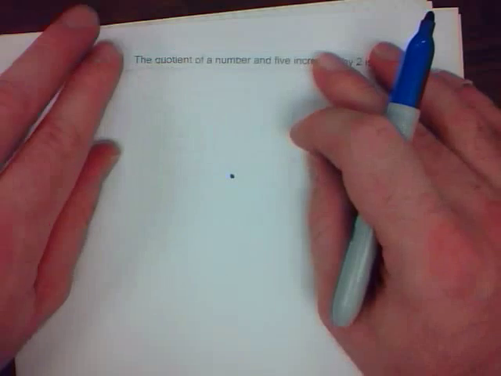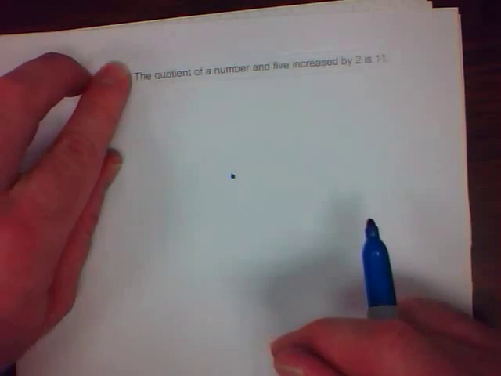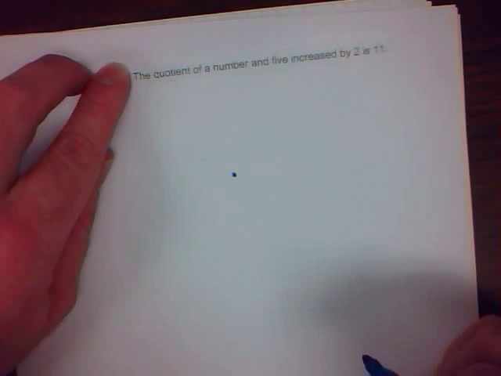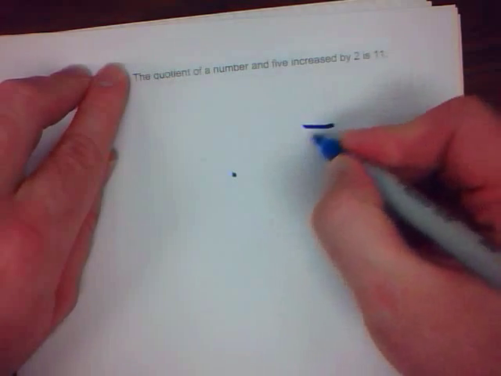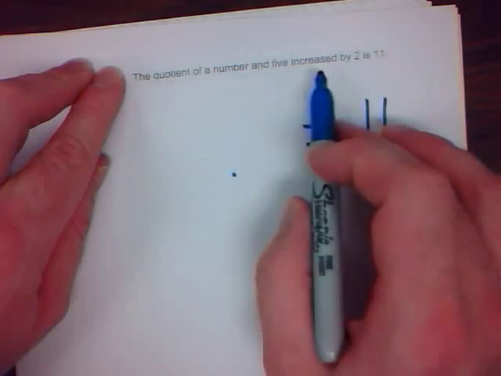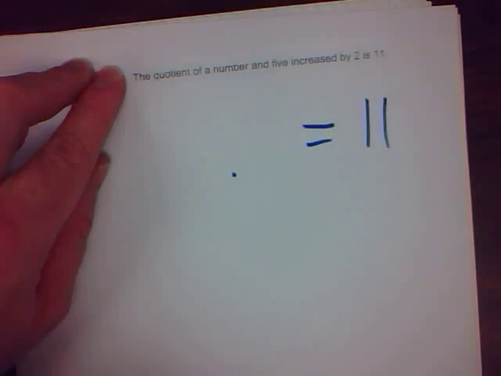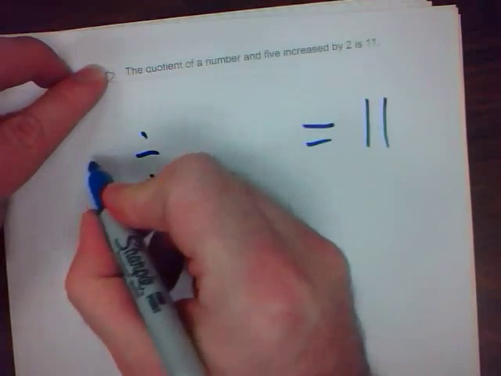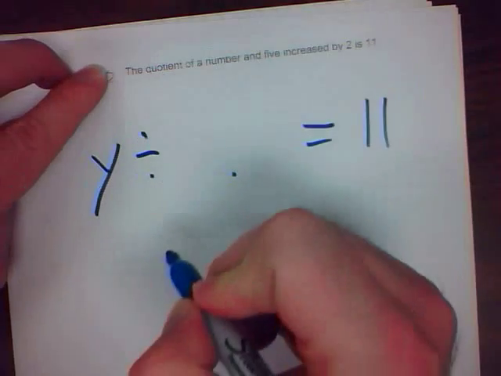Next example. The quotient of a number and 5 increased by 2 is 11. Is 11. All right. The quotient of a number and 5. Quotient means division. A number. I'll use y.